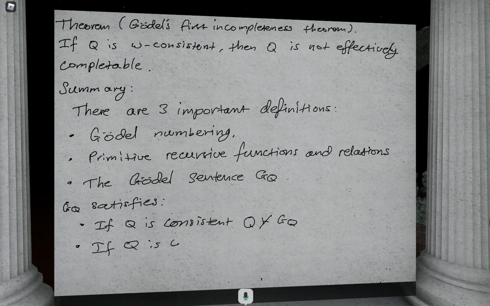And if Q is omega consistent, then Q cannot prove the negation of the Gödel sentence. And hence, if Q is omega consistent, Q is incomplete. Okay, I'll leave it there for today.